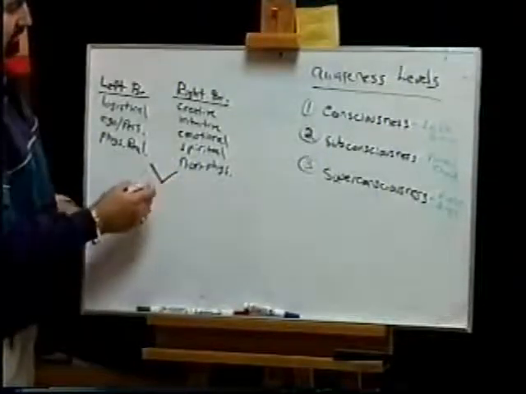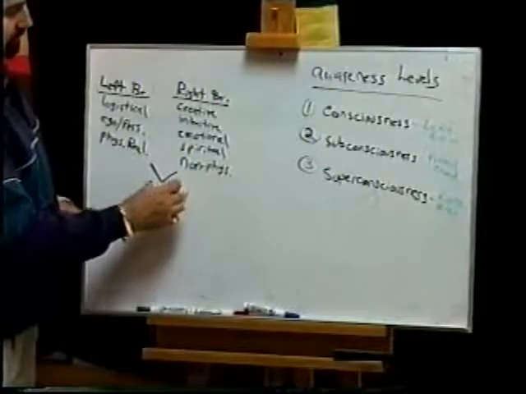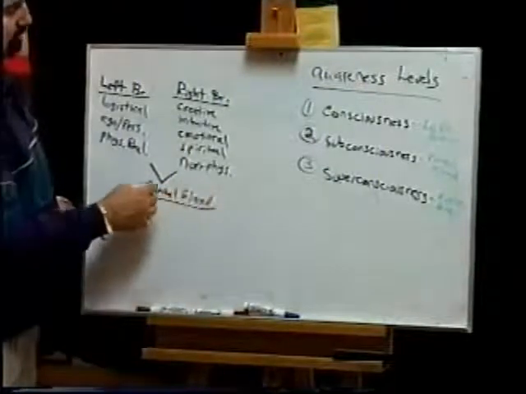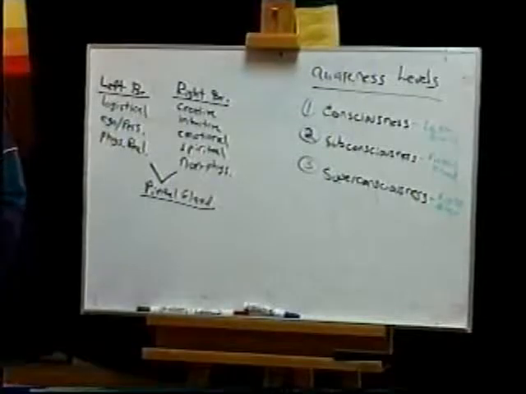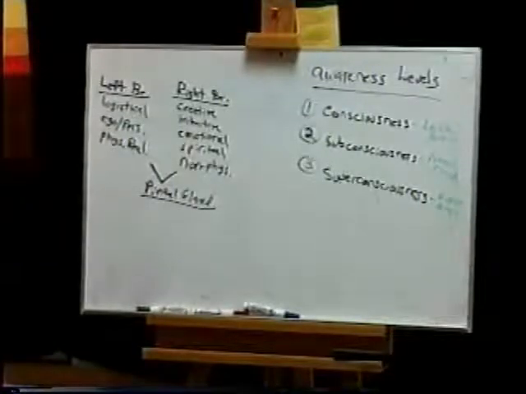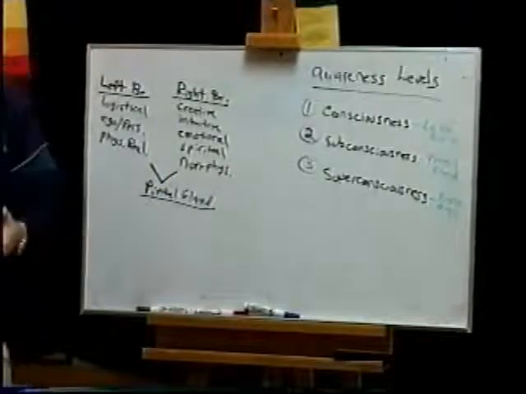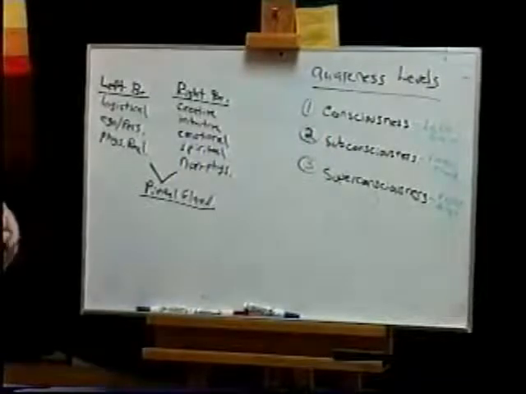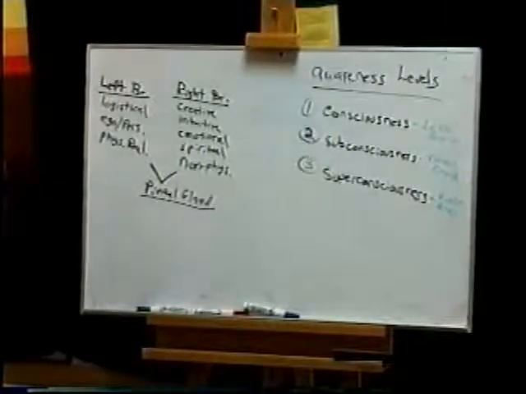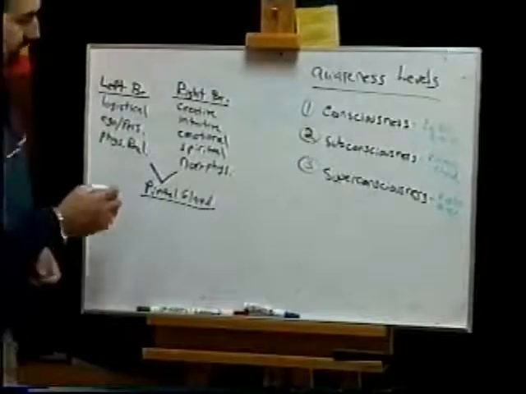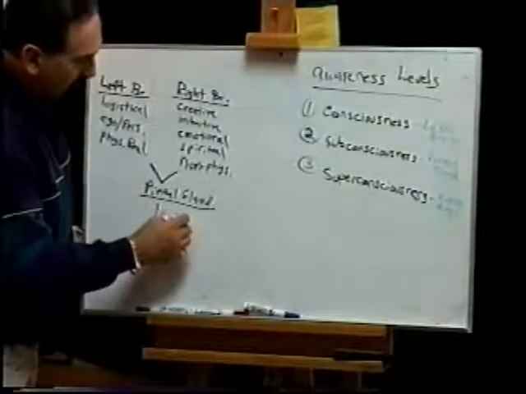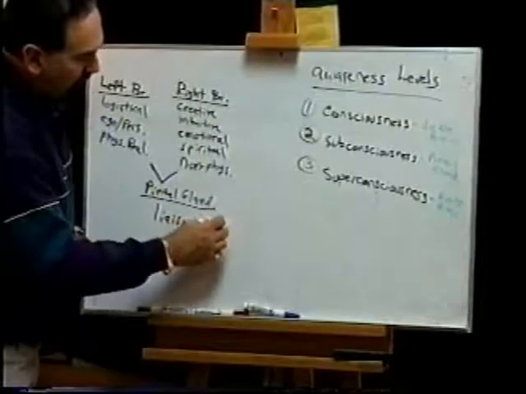But the balancing factor is the pineal gland. It acts as a liaison or balance between the left and right brain so that your thinking doesn't go to one extreme or another. It also controls a lot of the other endocrine glands in the body that produce hormones and other secretions. It's very probably the most powerful organ in the body because it is a liaison between the left brain and the right brain.